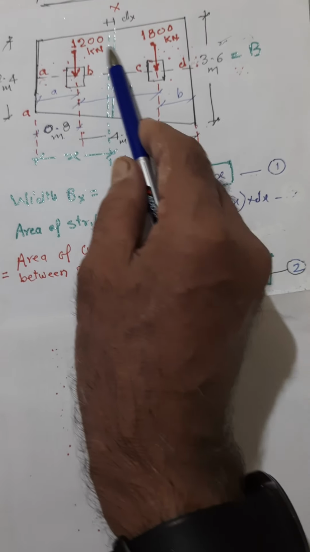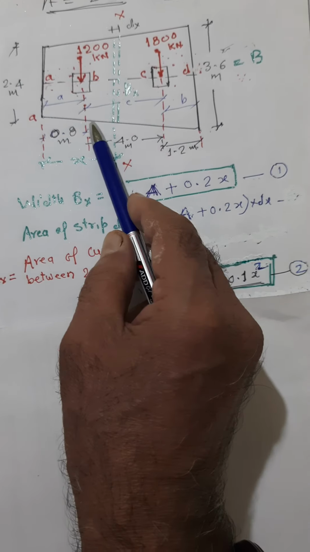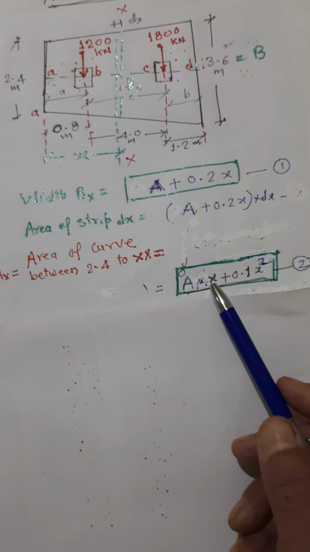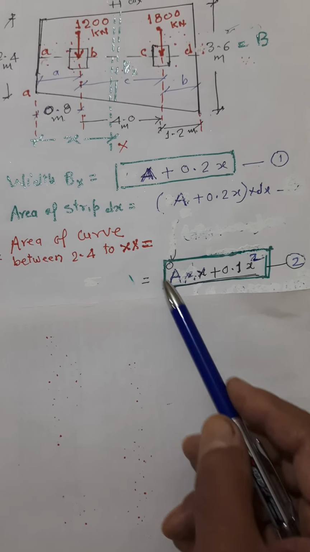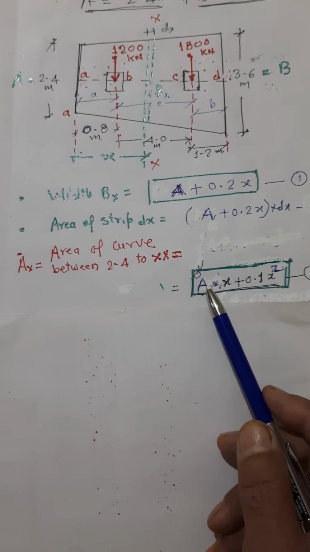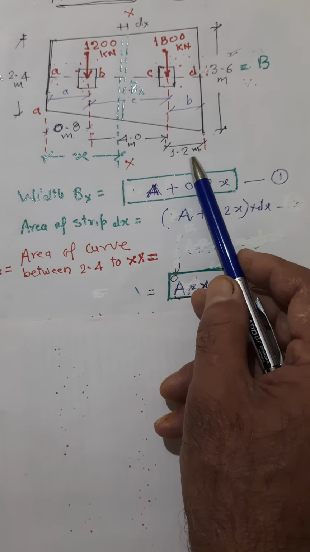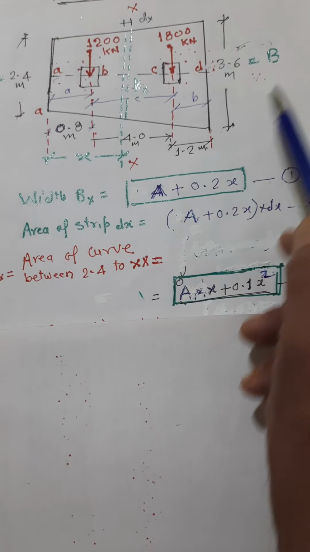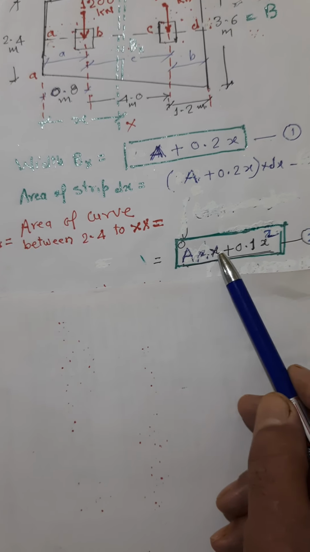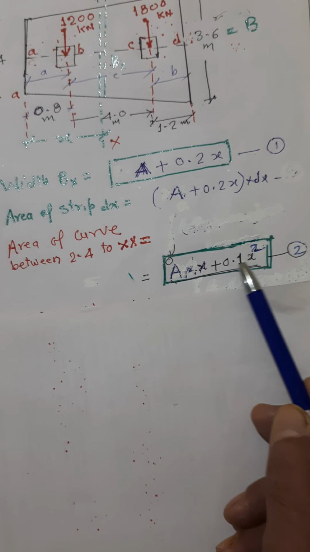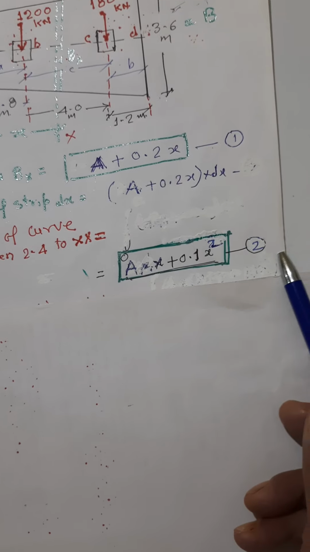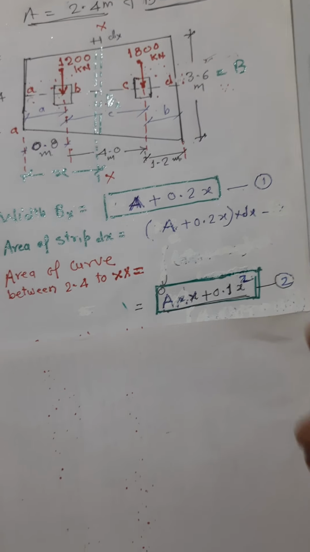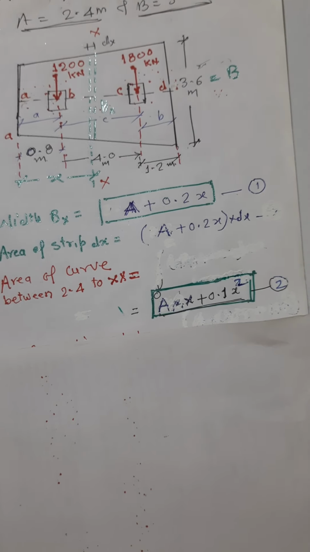Suppose this is your x, then I am finding the total area up to this. Let us confirm whether I am right or wrong. If x is equal to 0, area will be 0. If x is equal to 6 meter, you must get 18 because we know the total area is 18. That is 2.4 into 6 plus 0.1 into 6 whole square, that is 36, and you will find it comes out to be 18. That means the general equation will serve the purpose.